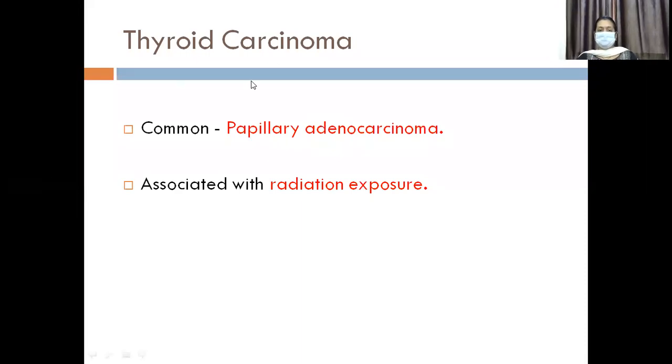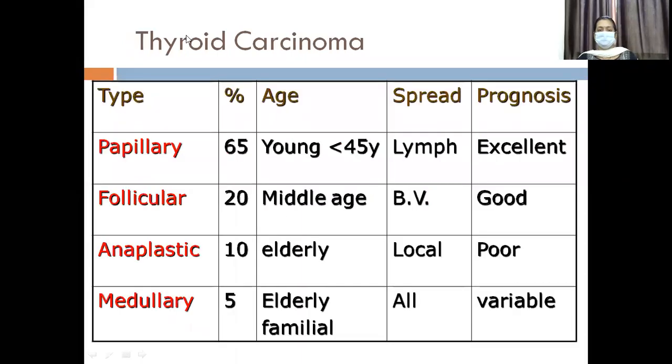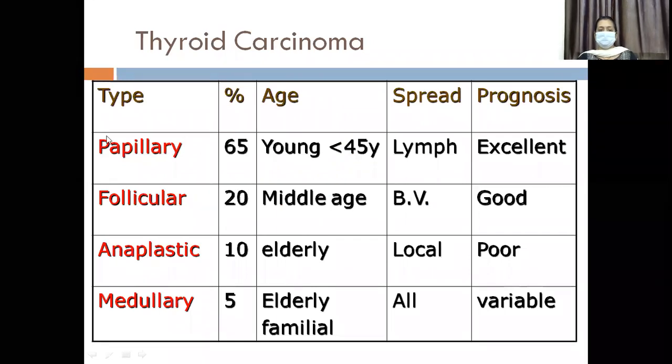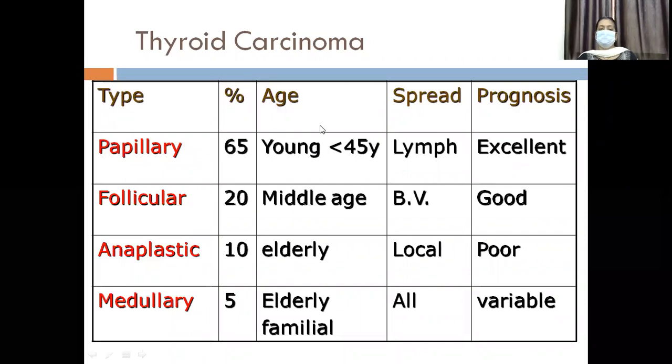So the thyroid carcinoma, common papillary adenocarcinoma associated with radiation exposure. The thyroid carcinoma, how is the percentage in the young? Usually papillary seen in adolescents, 20 years, okay, young, less than 45 years of age. The spread is by lymphatics, prognosis is excellent.